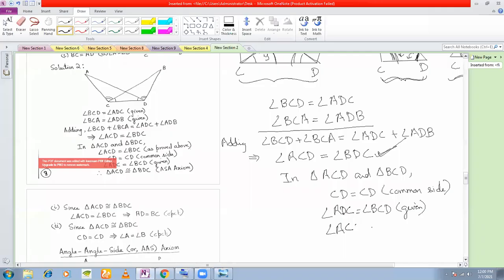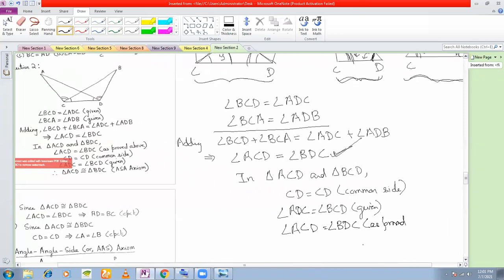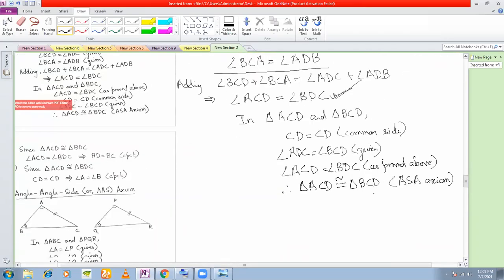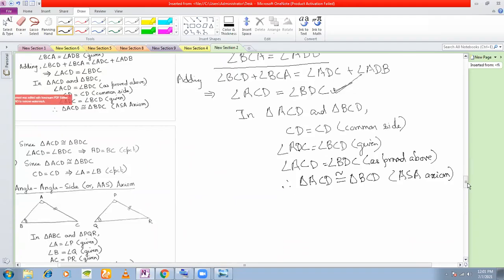And angle ACD is equal to angle BDC. This we have as proved above. Therefore, triangle ACD is congruent to triangle BCD. Write the rule, ASA axiom. Therefore, these two triangles are congruent.